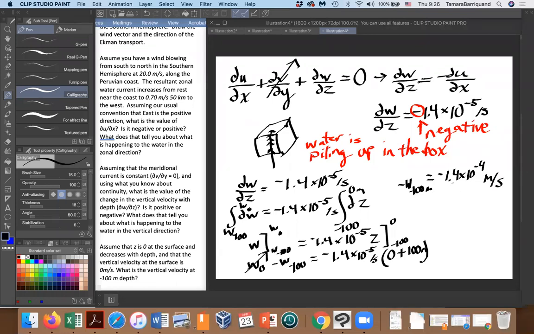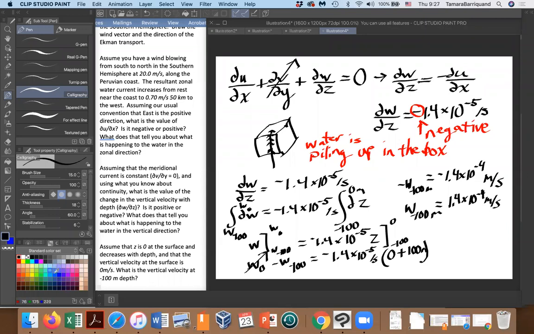So multiplying through by negative 1, I see that my velocity down at negative 100 meters is going to be equal to a positive 1.4 times 10 to the minus 4th meters per second.